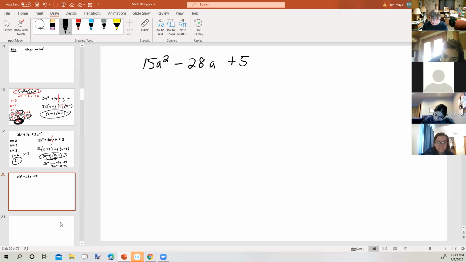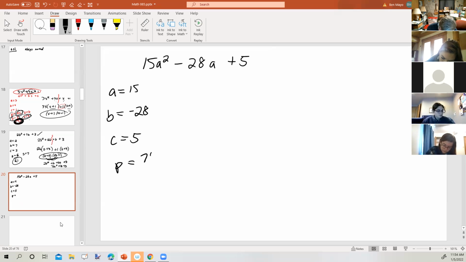There's no greatest common factor, and it doesn't have a leading coefficient of 1. So a is 15, and this a is not the variable a. It's the coefficient of the leading term. B is negative 28, and C is 5. The product is 15 times 5, which is 75. The sum is negative 28.